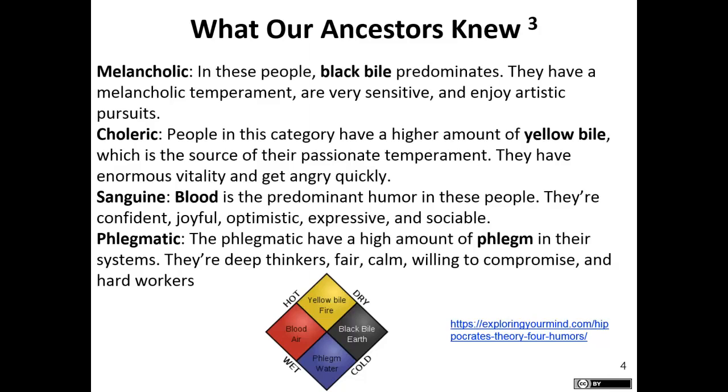And so here's some information about what each of the humors brought to an individual. If you were a melancholic individual, then you tended to have more black bile, whereas people that were considered choleric were considered to have a high amount of yellow bile.